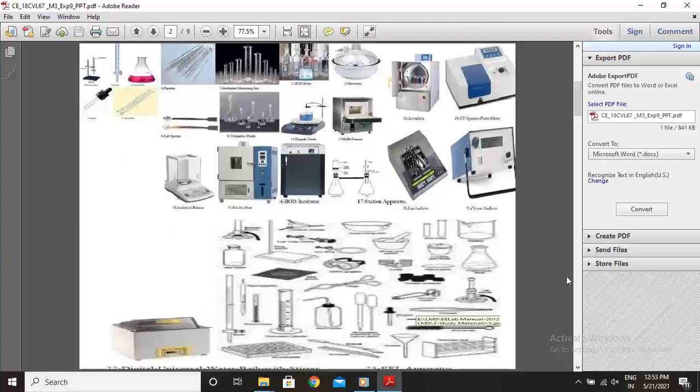In experiment 1 I have already clearly mentioned the names. Here also the names are given, so just read them out, but don't forget all these apparatus and equipment names. These are used continuously in the different experiments.